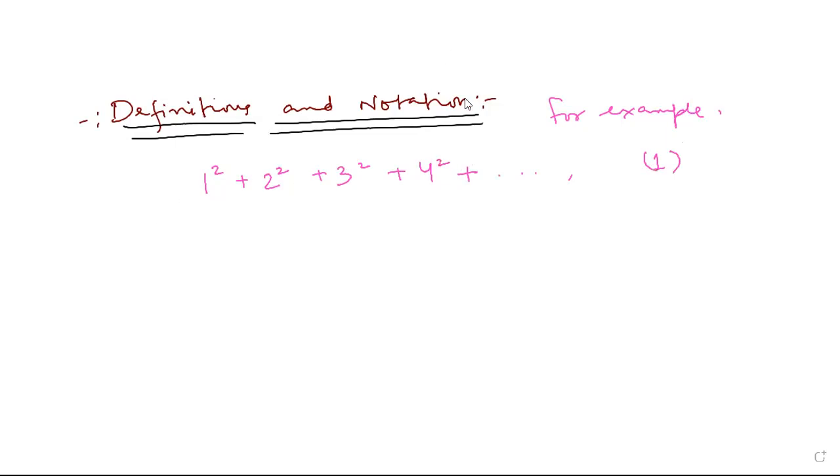Then 1/2 plus 2/2 square plus 3/2 cube plus 4/2 raised to the power 4 plus so on. Let me name this second.